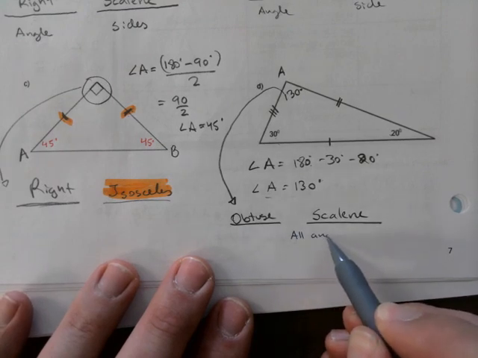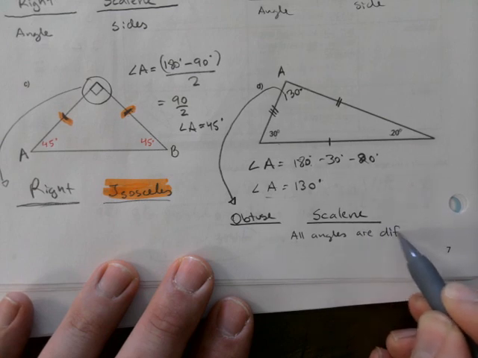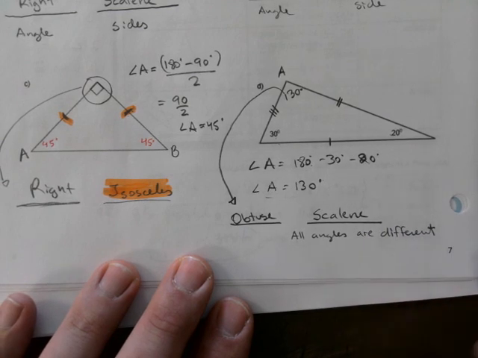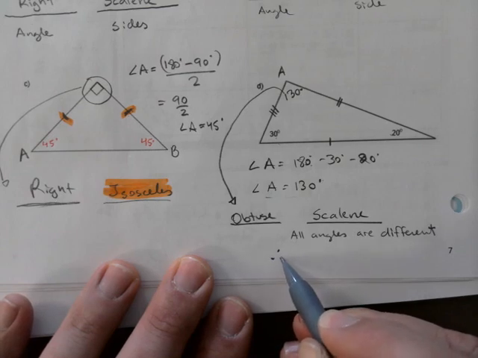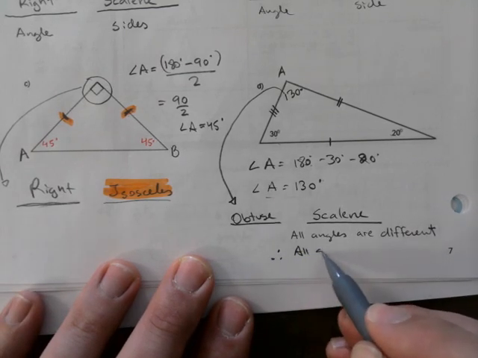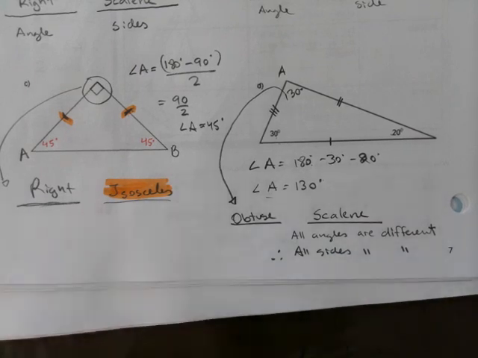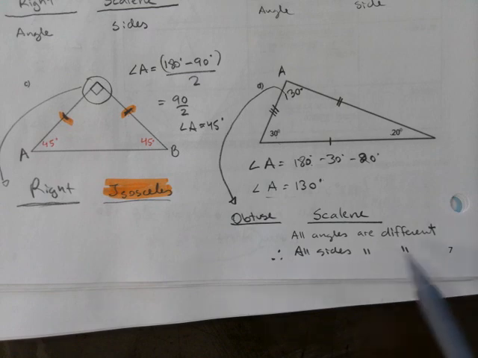All angles are different. Therefore, that's the observation I made. All angles were different. Therefore, all sides are different. I don't know if you have ever seen teachers do that, but it's just copying, right? Copy paste.